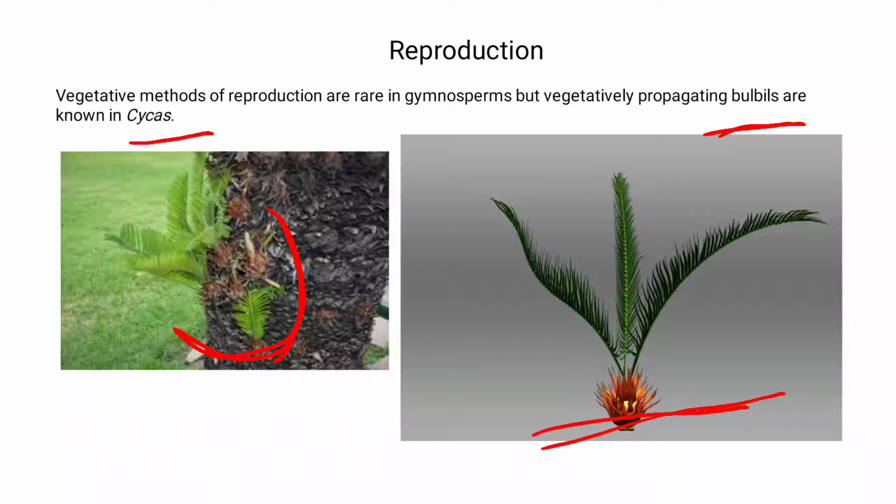When these bulbils develop completely, they detach themselves from the stem, and when they get a sufficient environment, they will develop into a new plant. So this is the only vegetative reproduction method found in gymnosperms, that too particularly in cycas. In all other gymnosperms, you will find only the sexual reproduction system.